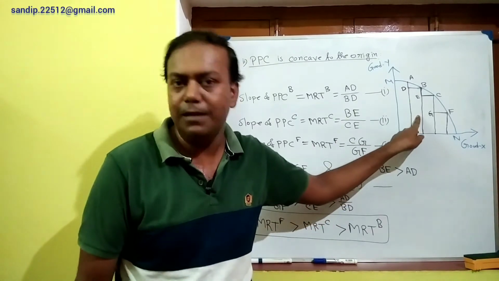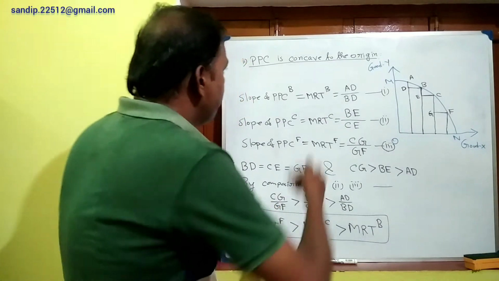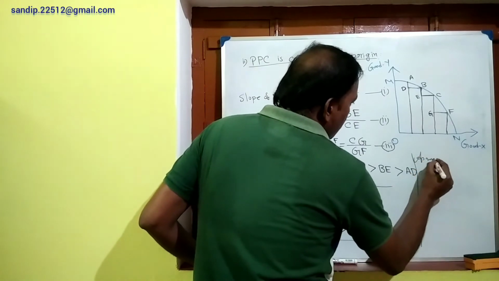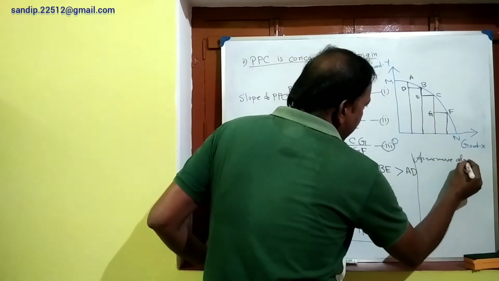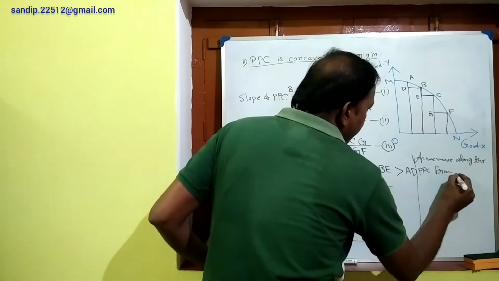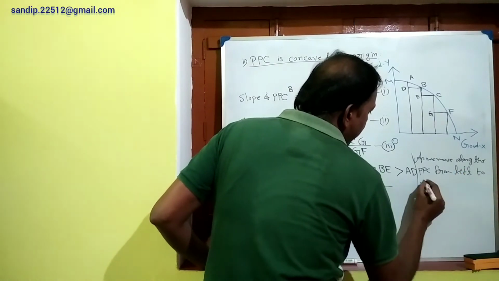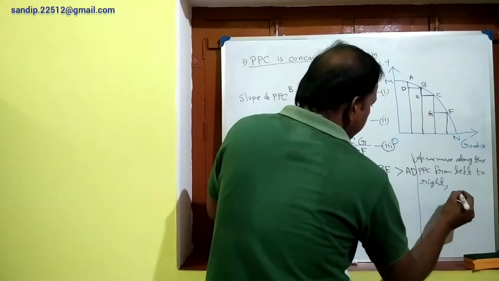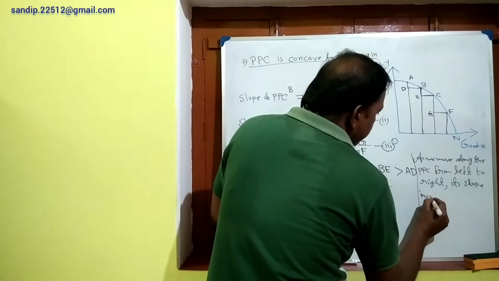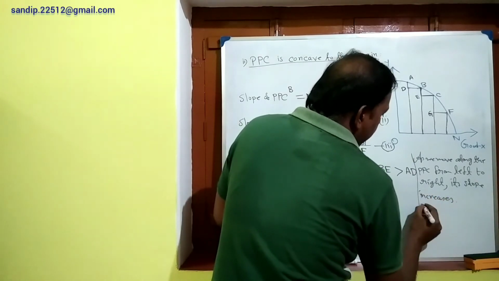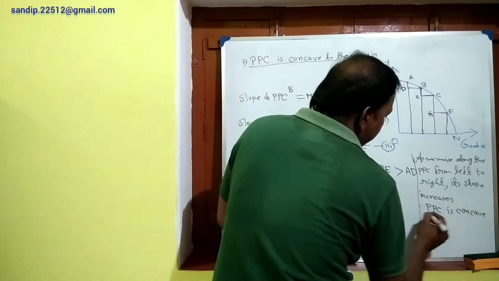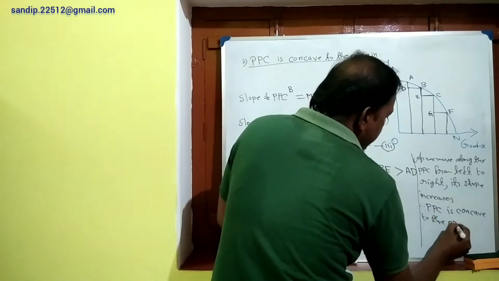So PPC is concave to the origin. The conclusion I can write is: as we move along the PPC from left to right, its slope increases, therefore PPC is concave to the origin.